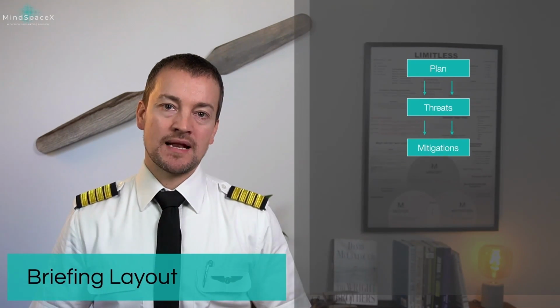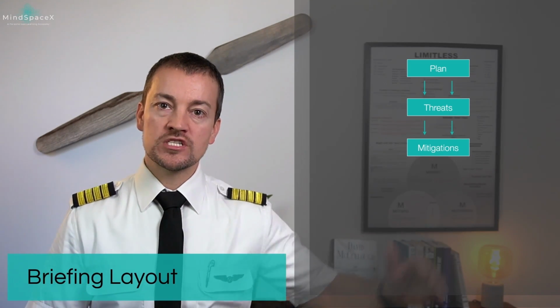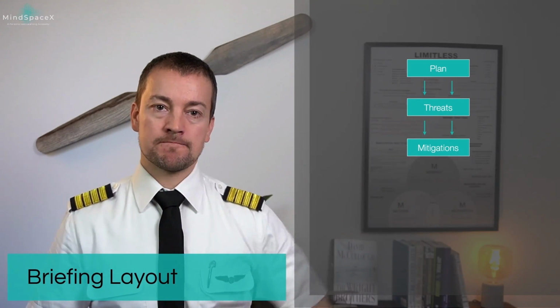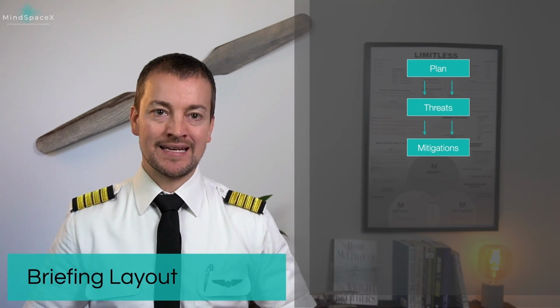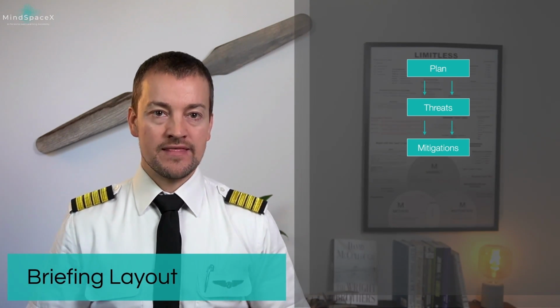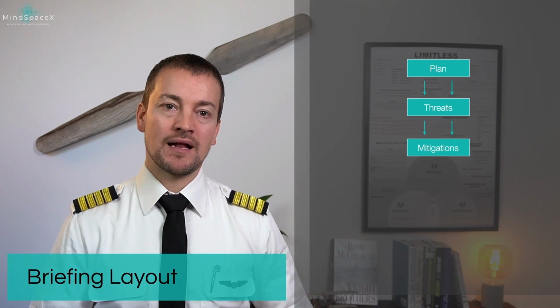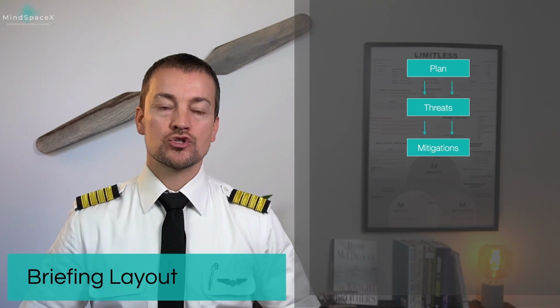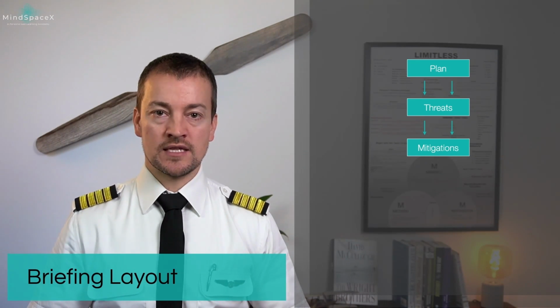We follow the same layout for both the departure and the arrival briefings. We always start with the plan. PM will start by talking about the planned intentions. Then the pilot flying will complement the plan from the pilot monitoring, talking about his or her plan to execute the intentions.